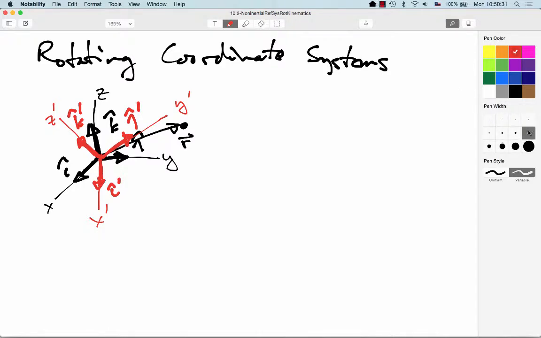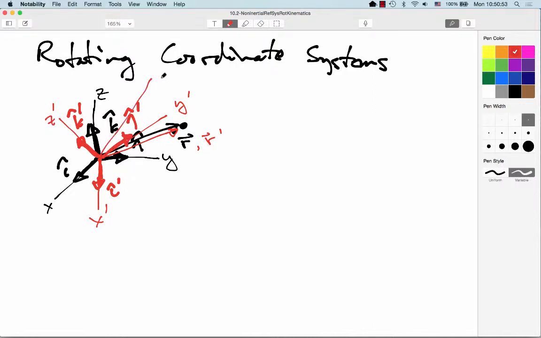Again, we would be looking at that same point, and we would say that it is located at r prime. We also need to keep track of how it's rotating.